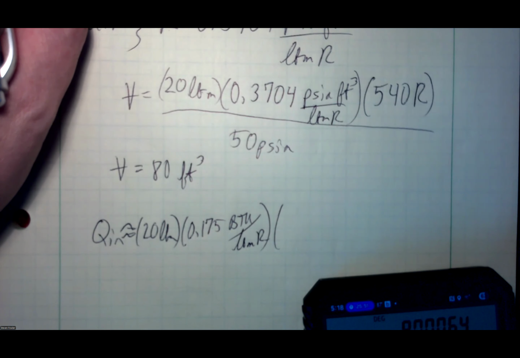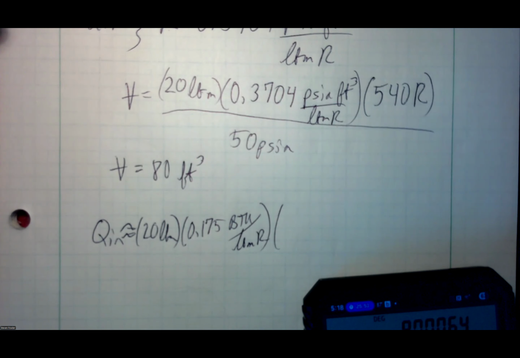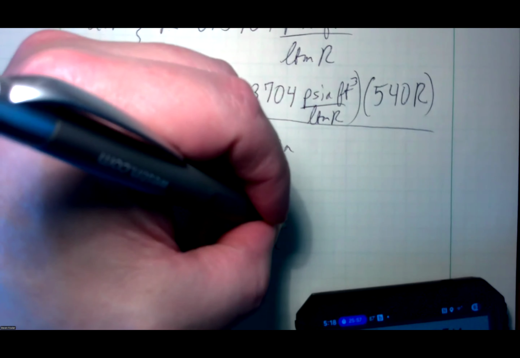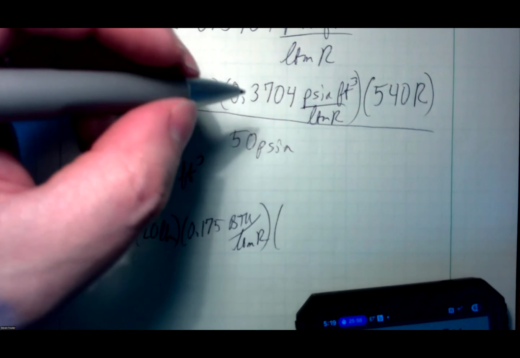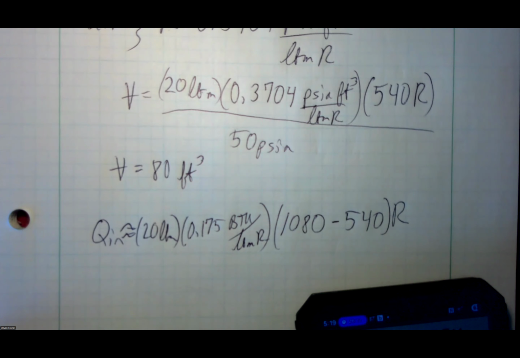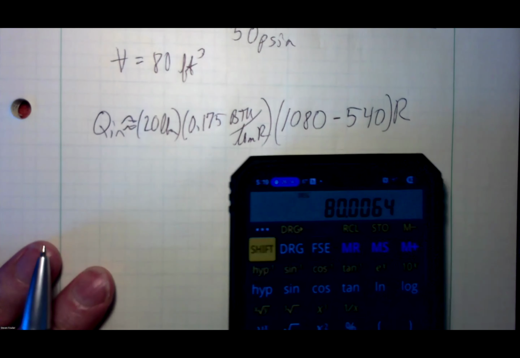You can either use Fahrenheit or Celsius here because I'm taking a difference in temperature. Or I guess Fahrenheit or Rankine, I should say. I know T2 is 1080 Rankines, and I know T1 was 540 Rankines. But again, you could write both of them in Fahrenheit here because I'm taking the difference, and therefore I would get the same value.